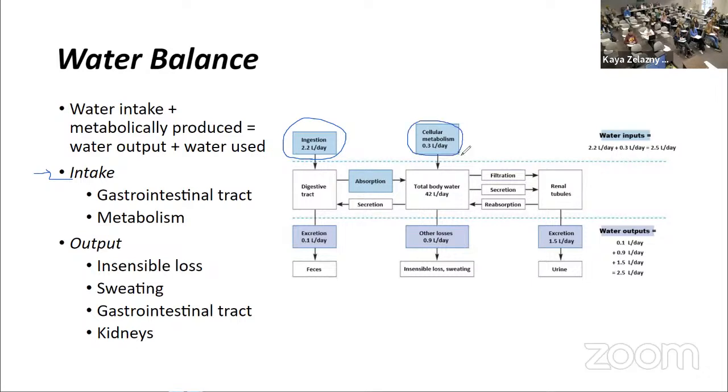So we do create some water through our processes of breaking things down, like breaking down glucose, right? So metabolism actually produces a fraction of your daily water. So 0.3 liters per day, which is a small number, but not actually that small if you think about how big a liter is, right? It's like a fistful, right? So you do make some water chemically through chemical processes. So that would count as an intake. So here we have our water inputs, and these are typical values. So about 2.5 liters per day.